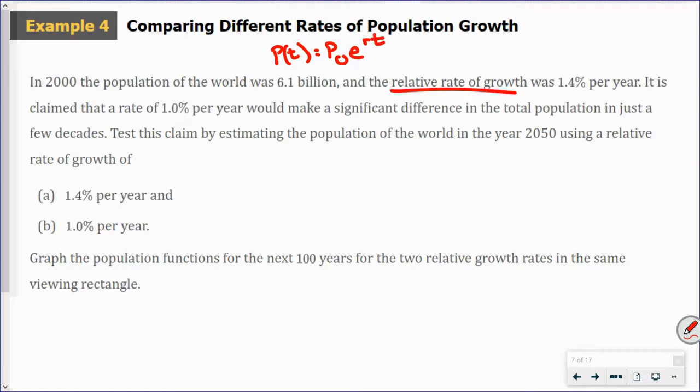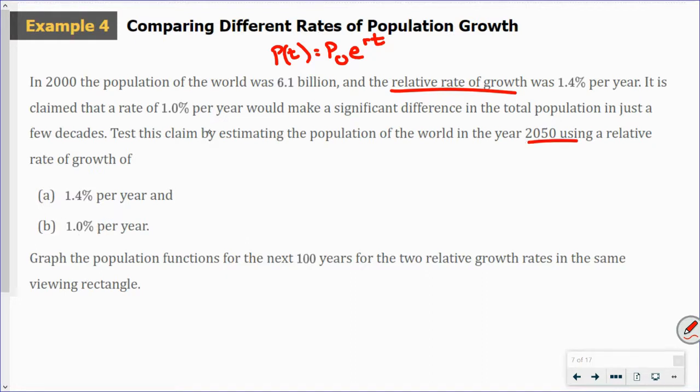It is claimed that a rate of 1% per year would make a significant difference in the total population in just a few decades. Test this claim by estimating the population of the world in year 2050 using relative rate of growth.